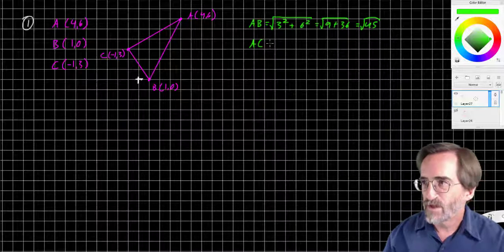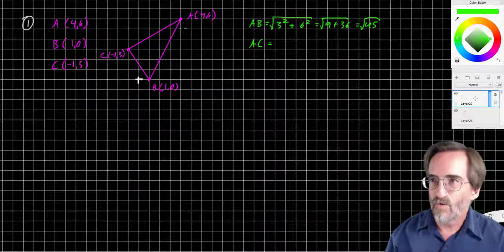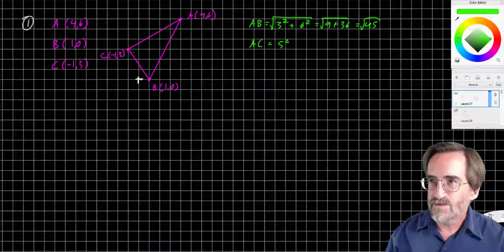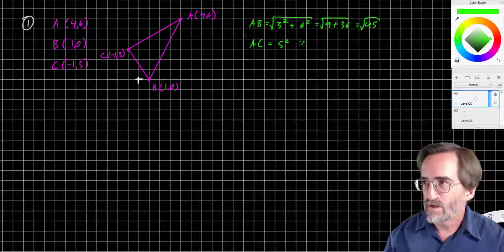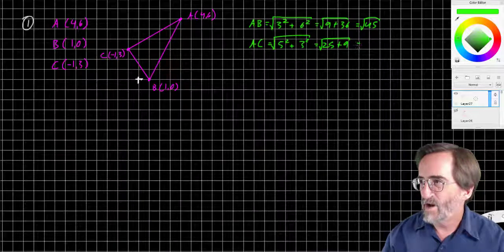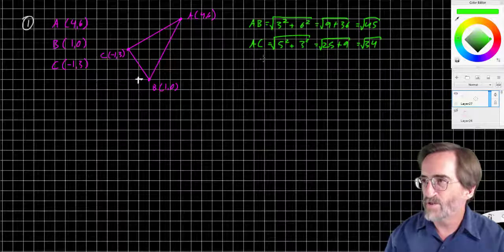AC: 4 to -1 is 5. 6 to 3 is 3. 5 squared is 25. 3 squared is 9. We have 34. So these are not the same.